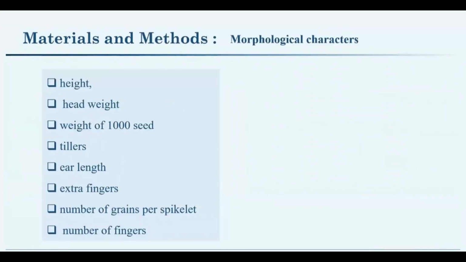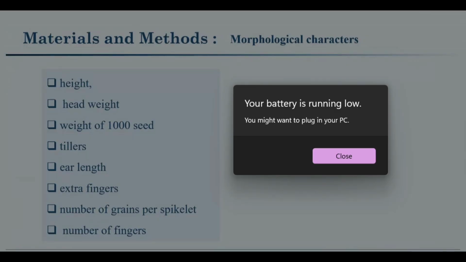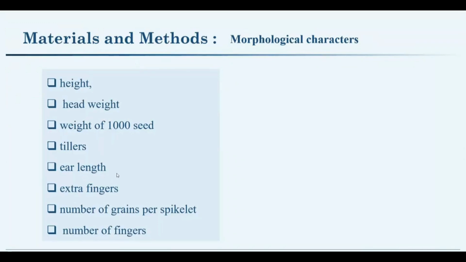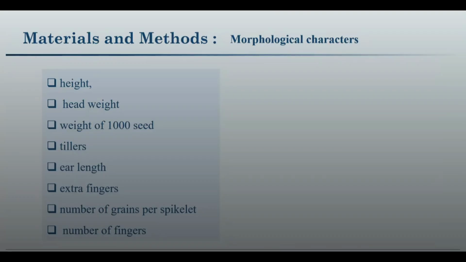For example, morphological parameters, height, weight, these are a few parameters in case of the crops. But again, I would like to tell you that the most important parameters are the yield contributing parameters, ear length, the number of grains per spikelet, number of tillers, and obviously the yield per plant is most important.